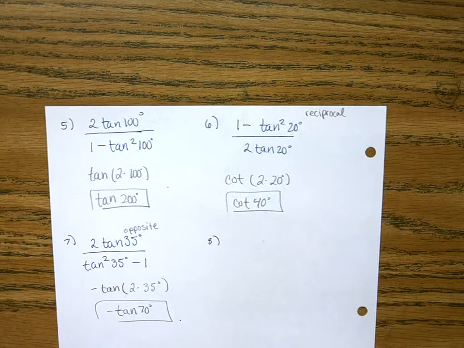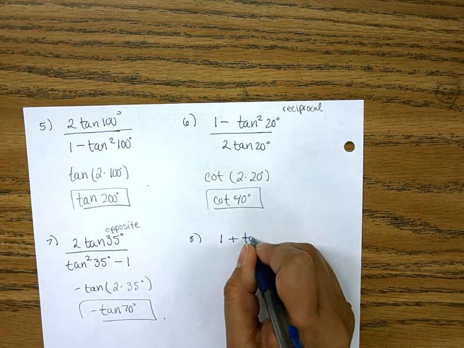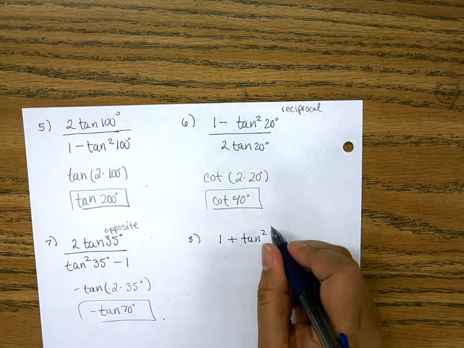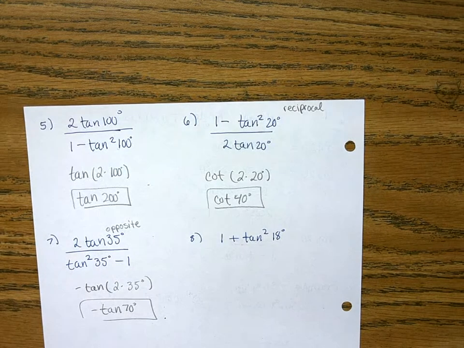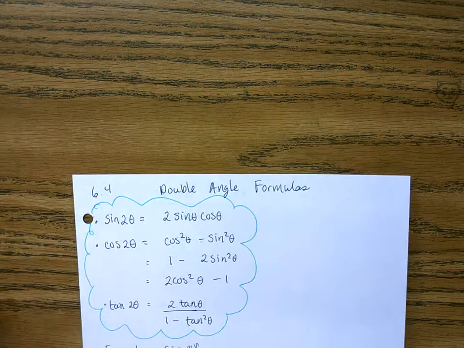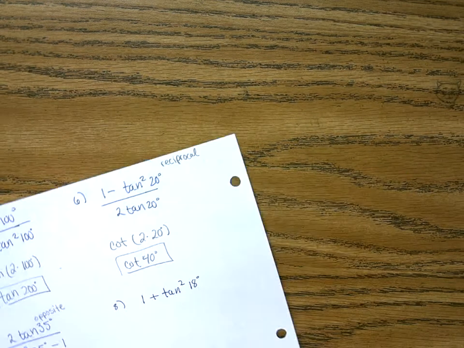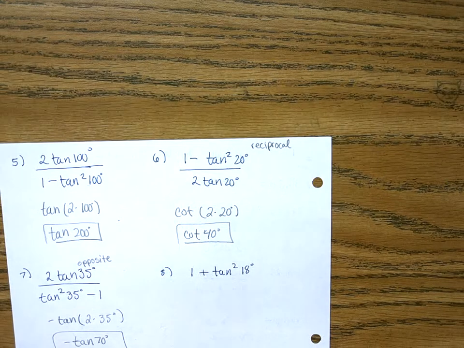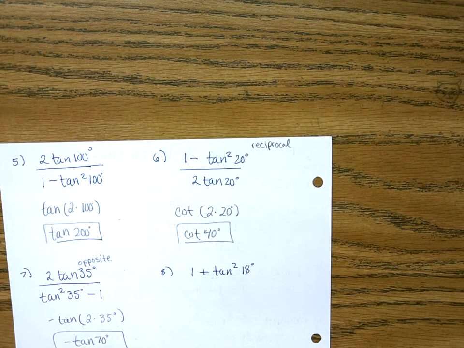Okay, number 8, 1 plus tangent squared of 18 degrees. Now, you may be looking at that and being like, what is that? It doesn't look like any of our formulas that we have here at all, and it's not. 1 plus tangent squared of 18 is an old Pythagorean identity that we learned last unit.